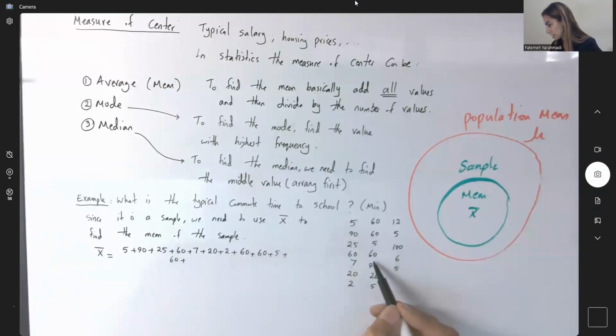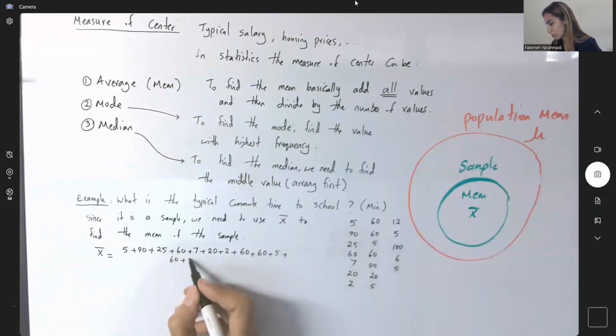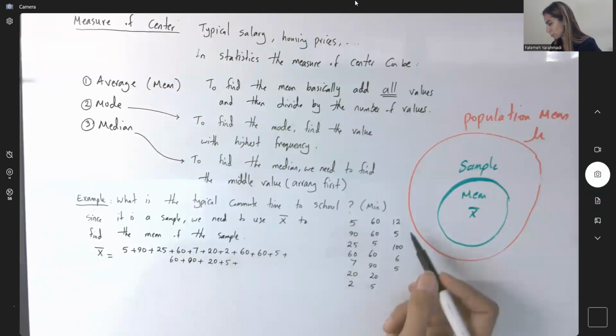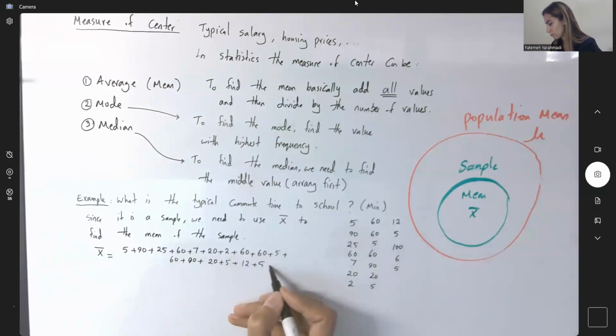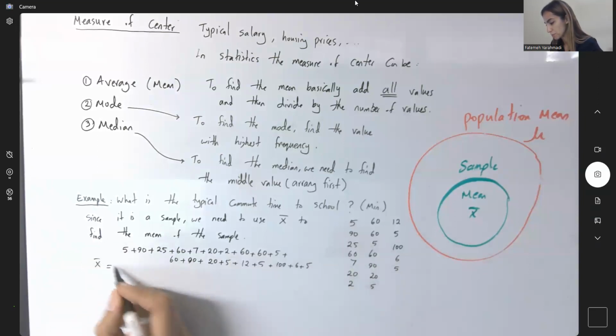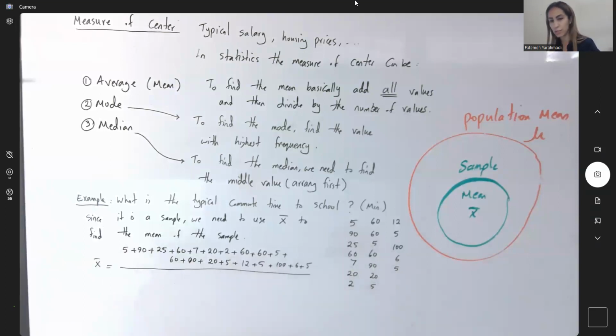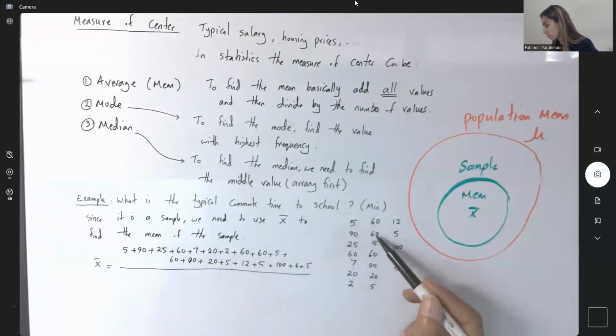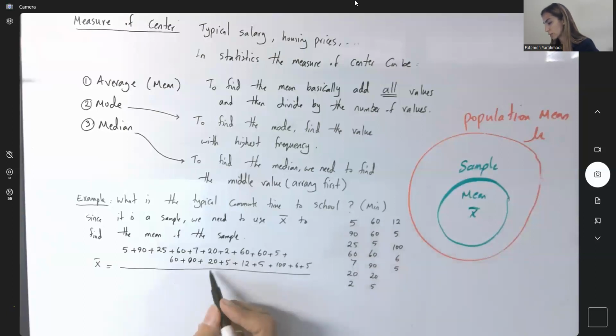And then we're going to divide that by how many data do we have in our collection? 2, 4, 6, 8, 10, 12, 14, 16, 18, and 19. We're going to divide that by 19.